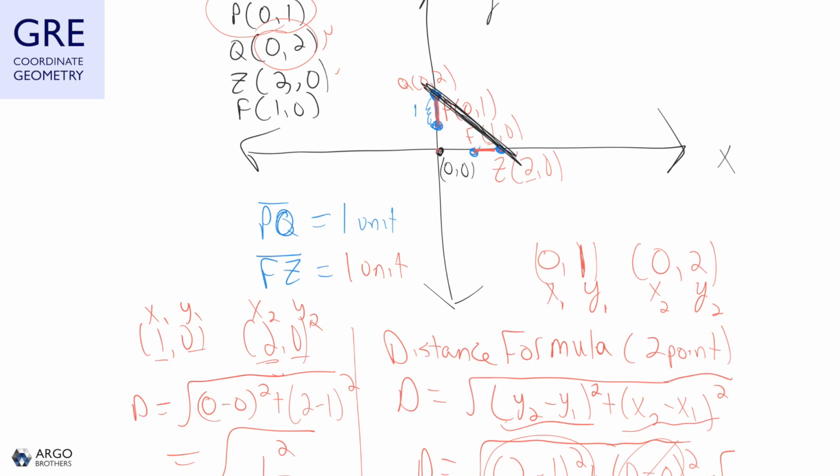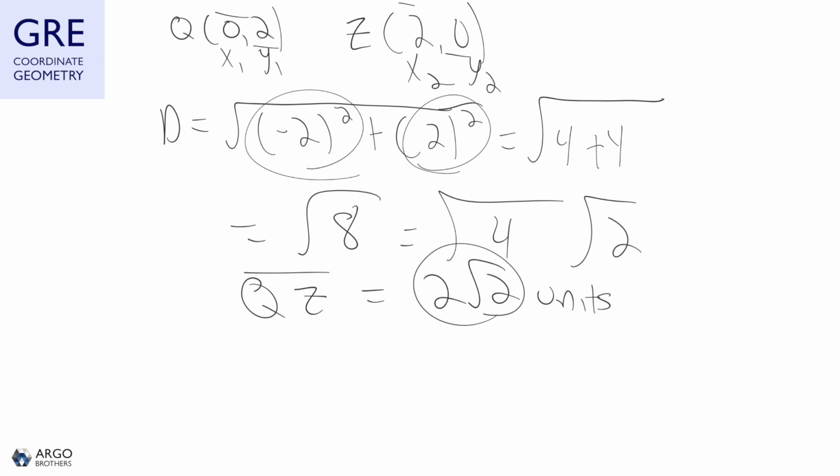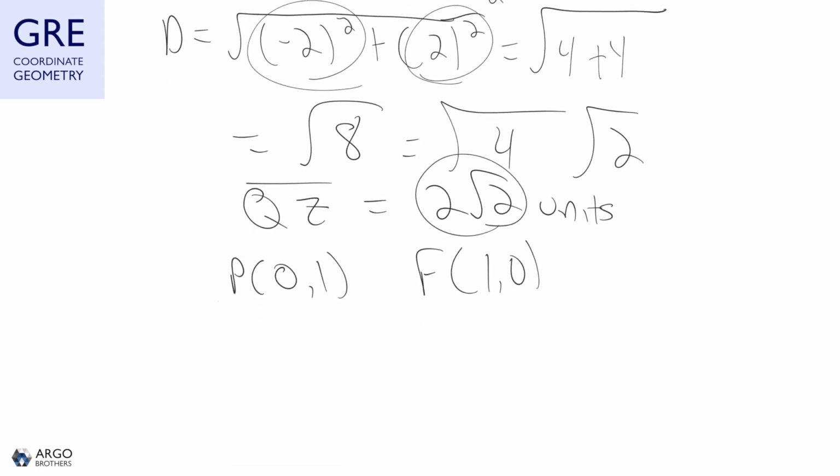And likewise, we can find the distance between P and F. Okay, so 0, 1, and 1, 0. Now we know that's going to be less than the distance QZ, but let's find it anyway. So we have P as the point 0, 1, and F as the point 1, 0. And so let's label our x1s and y1s.